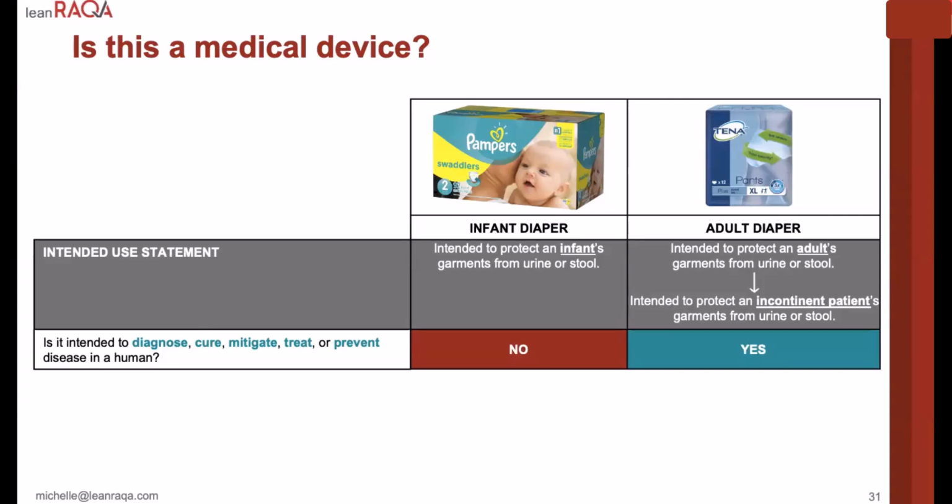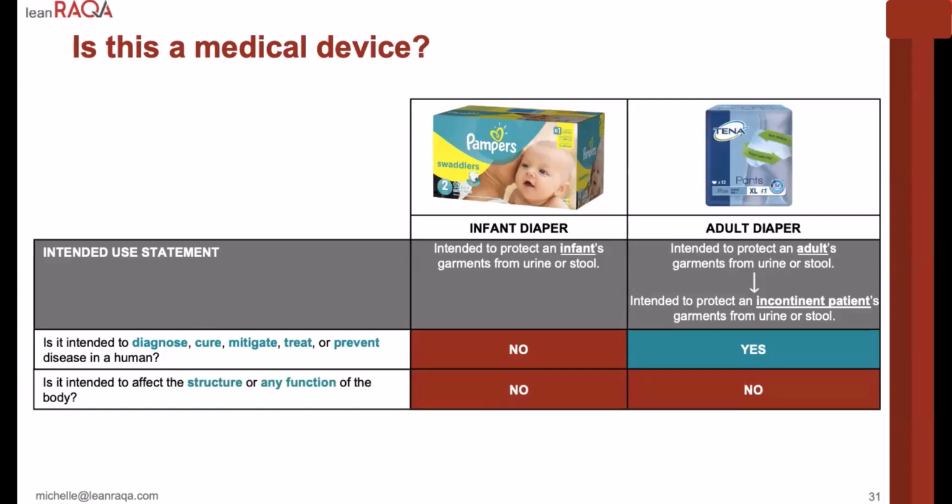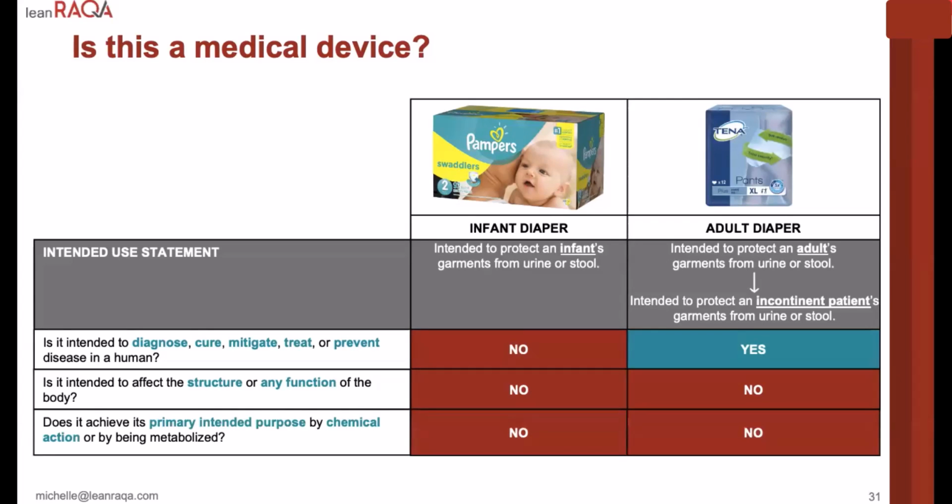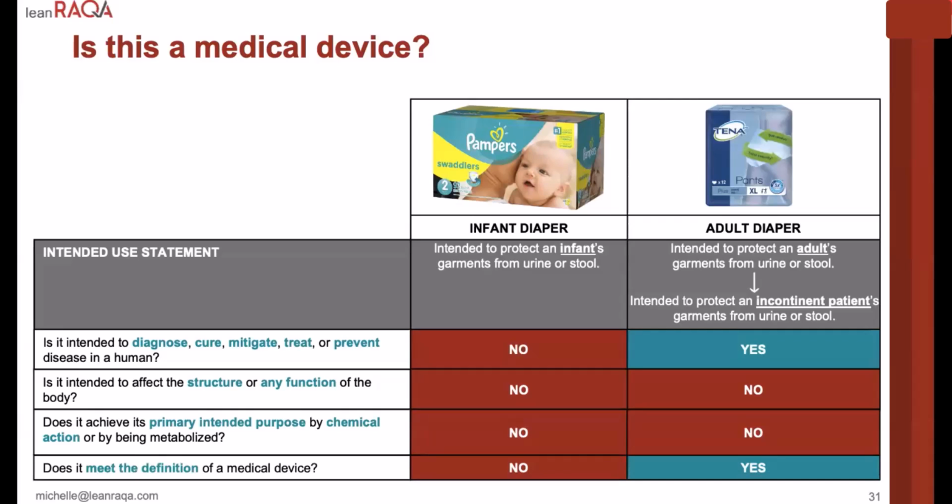And at the point that you cease to have that ability, at that point, the diapers do help mitigate the incontinence. Neither is intended to affect the structure or function. It does not achieve their intended use by chemical action or by that of a drug. But because the adult diapers are intended to mitigate a disease or a disease state, it is considered a medical device.